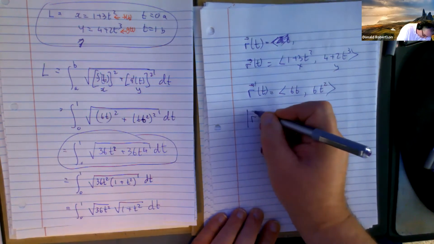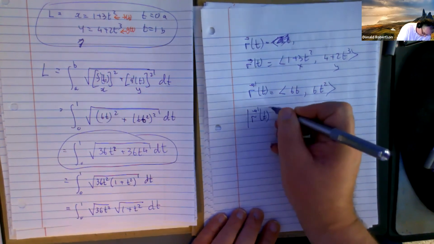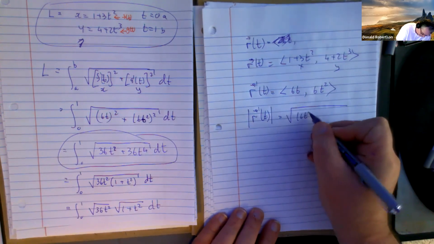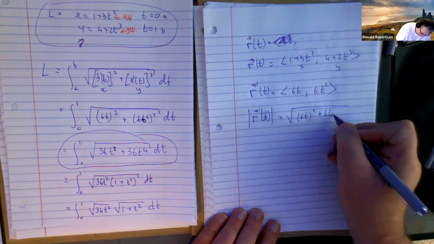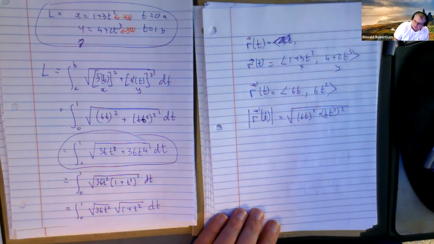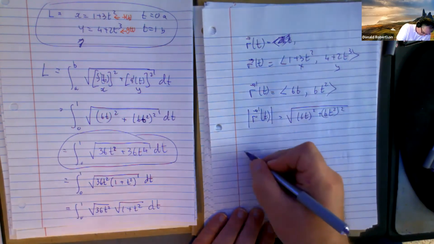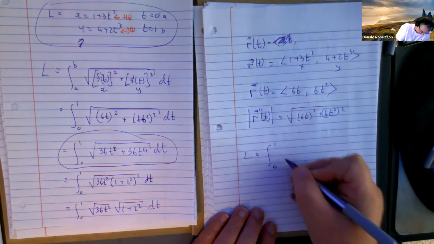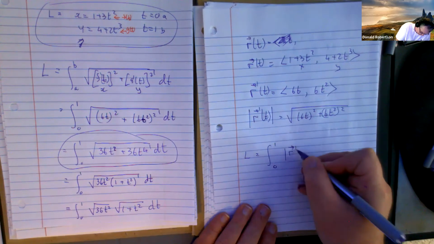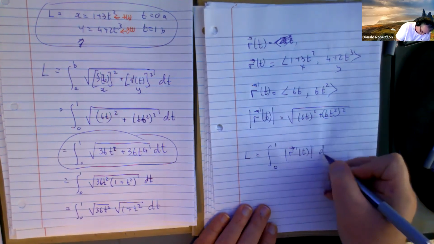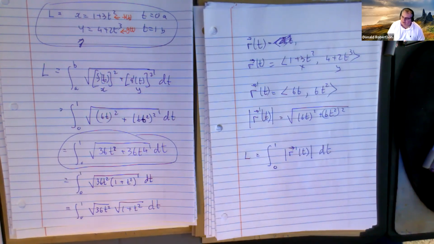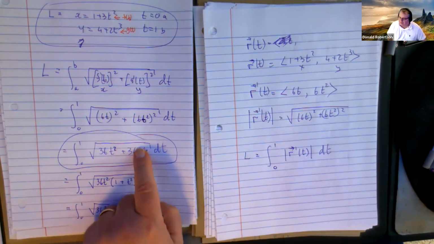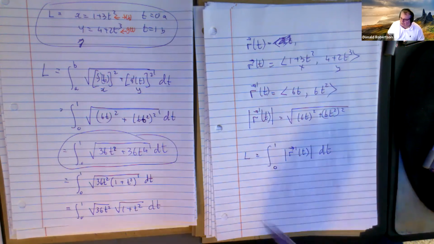If you find the magnitude of this guy, that's where the x squared plus y squared you were calling comes from. And you see that's where this bit comes from. And so the arc length can be written as the integral from 0 to 1 of the magnitude of the derivative, dt, which is the formula that you found. And that guy is this fella. Just a different way of looking at it.